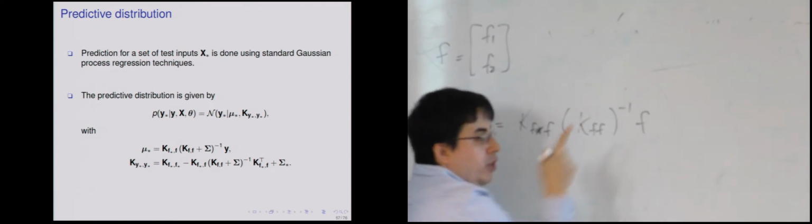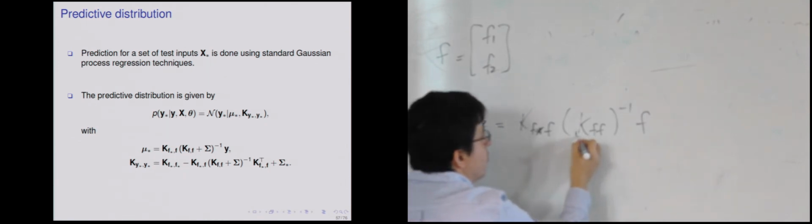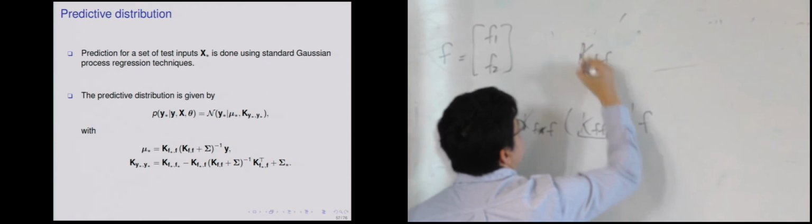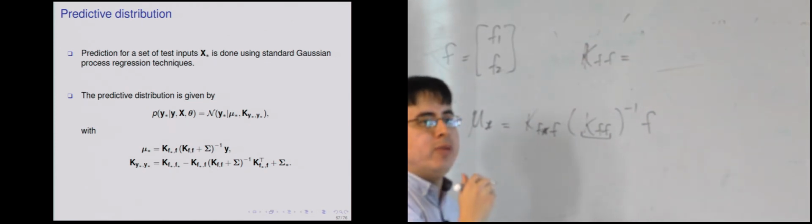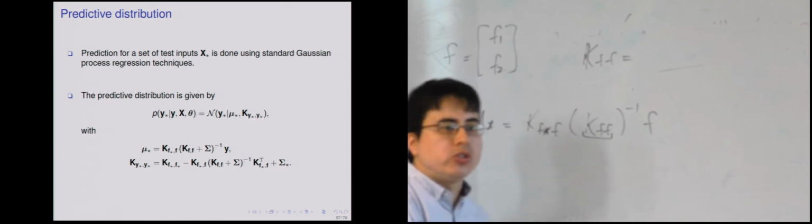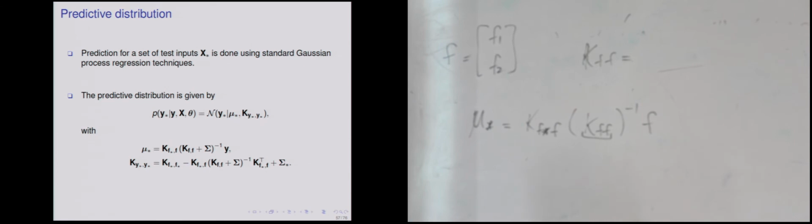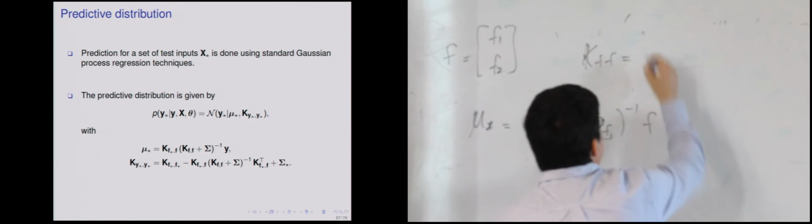If we are working with the ICM model, what is the form of this covariance matrix? So K_ff is equal to, can you remember? Can you look in your notes? What is the form of that covariance matrix for the ICM model? B?